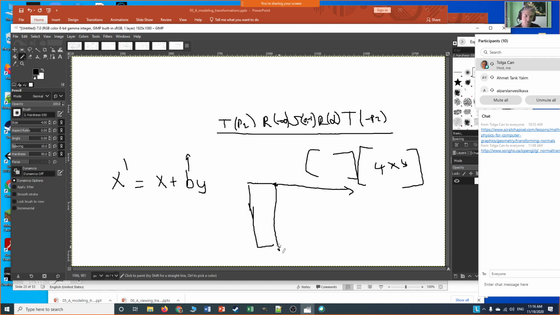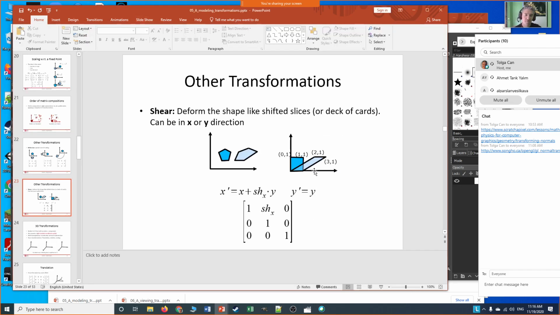The smaller the y coordinate, it will not move to the right. If you have multiple vertices that are here, the effect will be something like this. If it's at the top, it's going to move more. If it's at the bottom, it's going to move less. So this is called the shear transform.